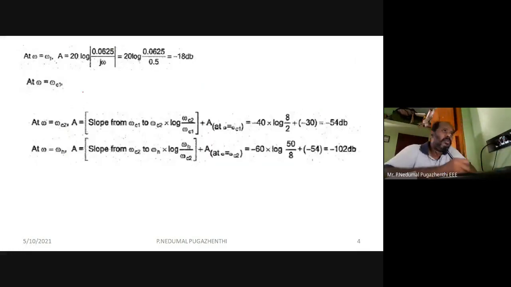First, omega is equal to 0.5. So 20 log of 0.0625, the first magnitude term, k by j omega. You replace omega with 0.5, and you will get minus 18 decibels.